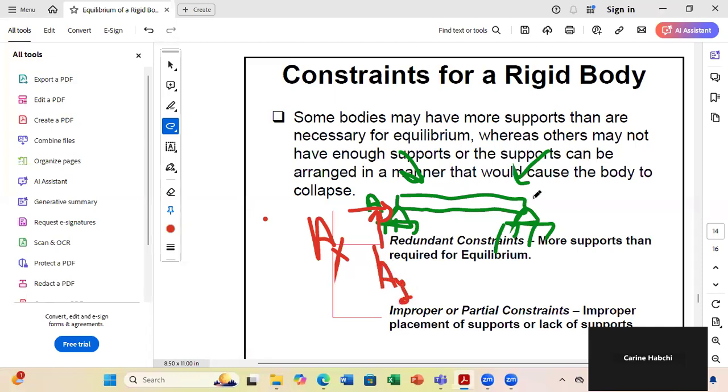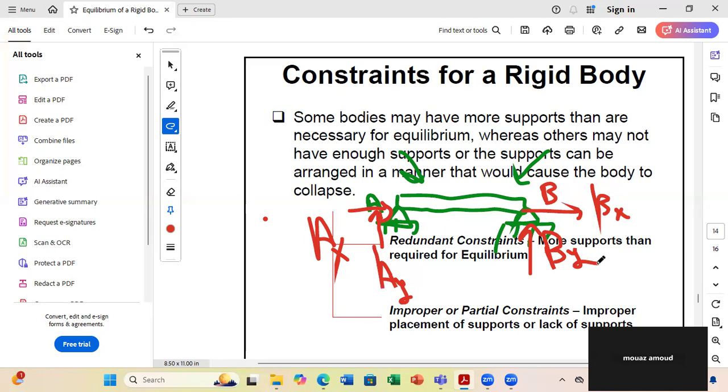The same at B, B_X and B_Y. So I have 4 unknowns and I can only write 3 equations. So I have equilibrium, but this system is statically indeterminate. I cannot solve for my reactions only using static equations.